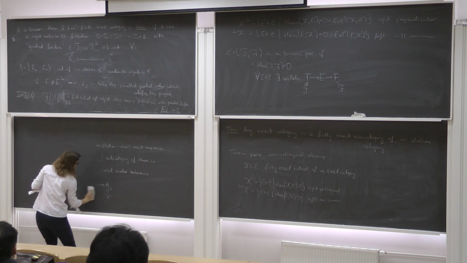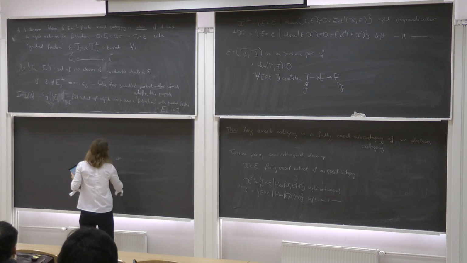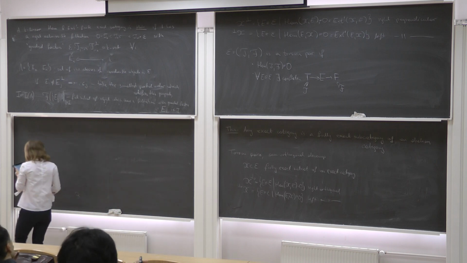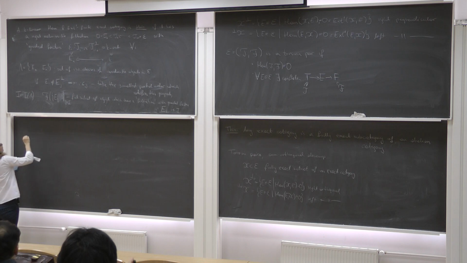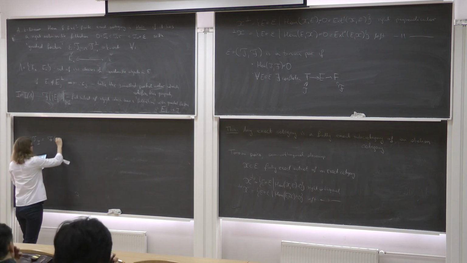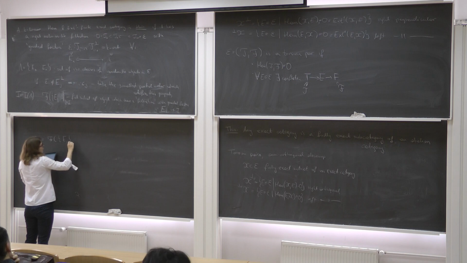And so, of course, this filtration that I started from is not unique. I define this Ti as this subcategory F of EI, where I is in the ideal.